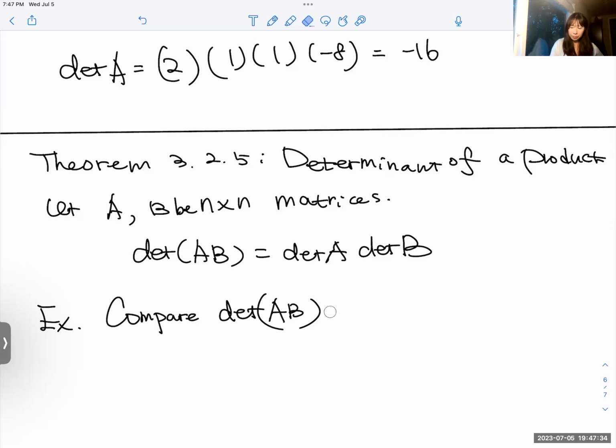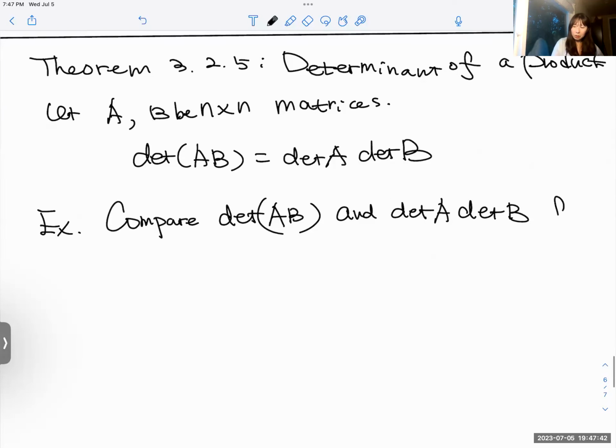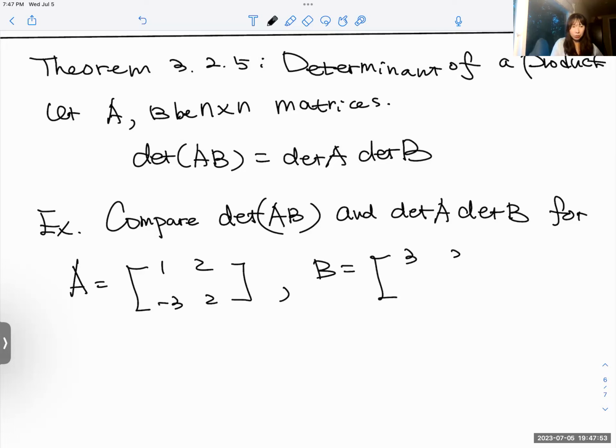The determinant of AB, and the determinant of A times the determinant of B. For A equal to 1, 2, -3, 2, and B equal to 3, 2, 4, 1.